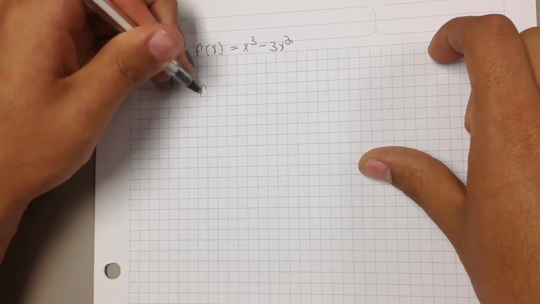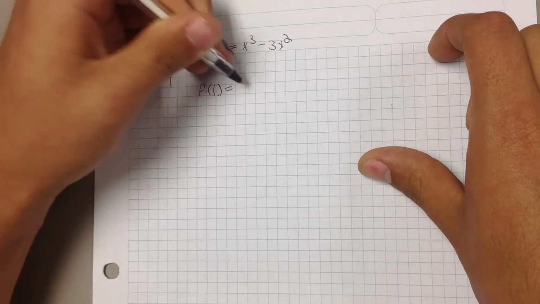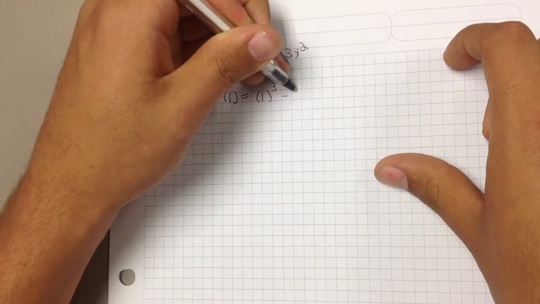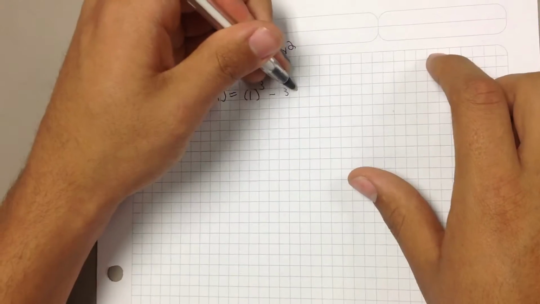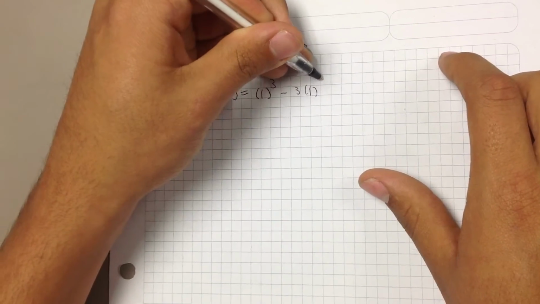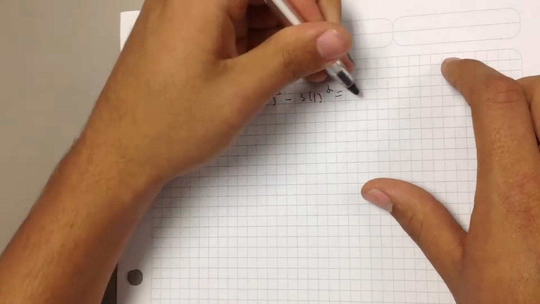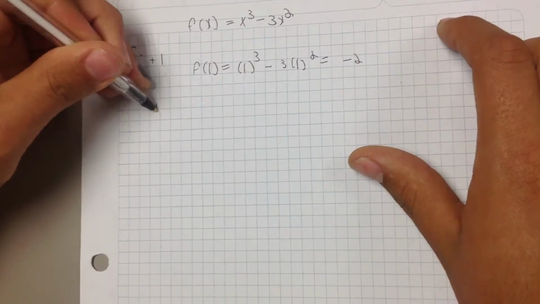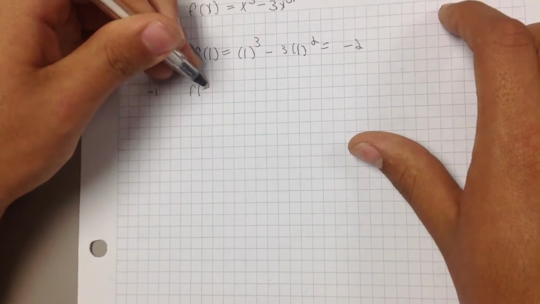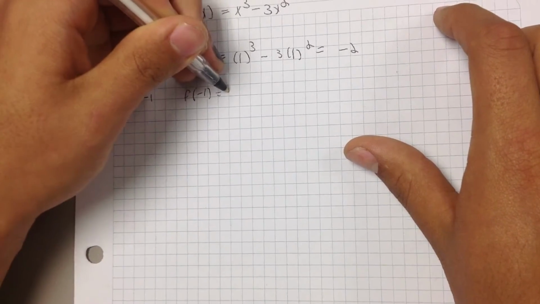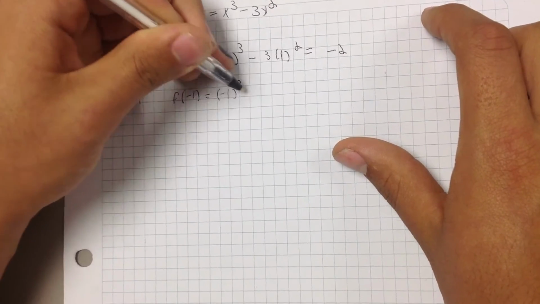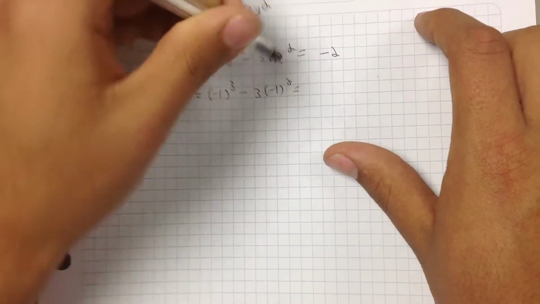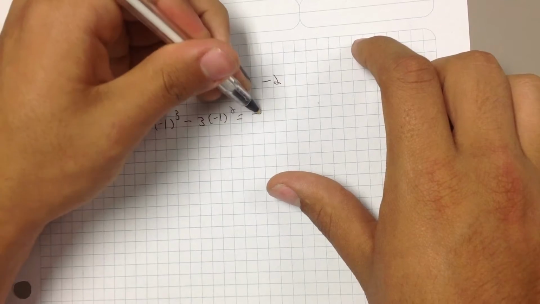We're going to do f(1) equals 1 cubed minus 3 times 1 squared. This would be equal to minus 2. Now we're going to work it with the negative sign. So f(-1) equals (-1) cubed minus 3 times (-1) squared, equals minus 4.